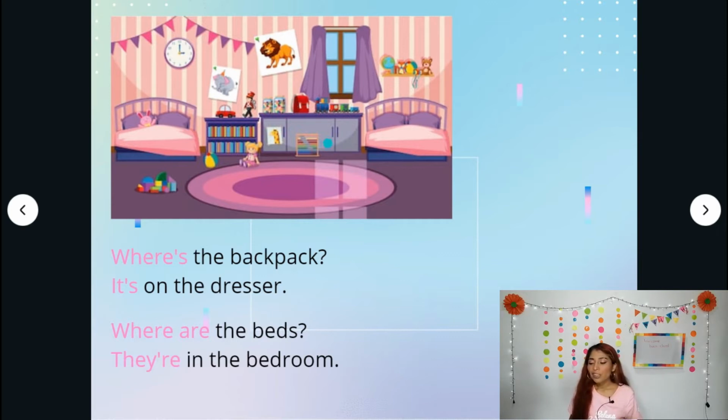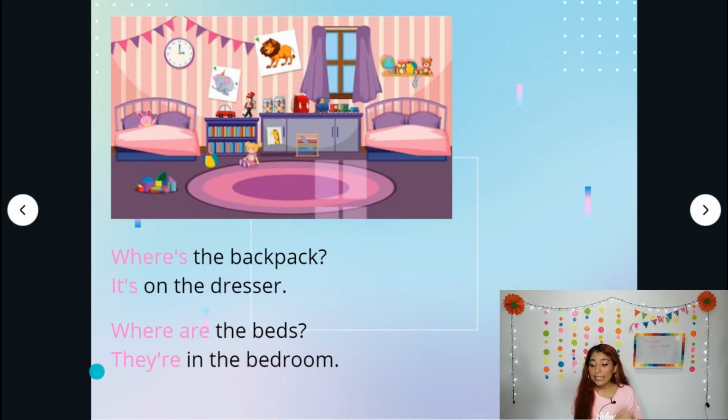Very good. So what happens? What's the difference if we are talking about objects in plural? We are going to change the question from where's to where are. Where are the beds? ¿Dónde? The beds. If you can look at this, we have one bed, we have two beds.